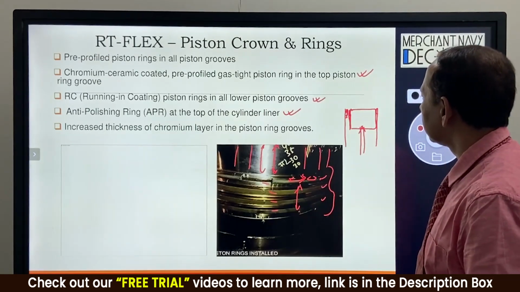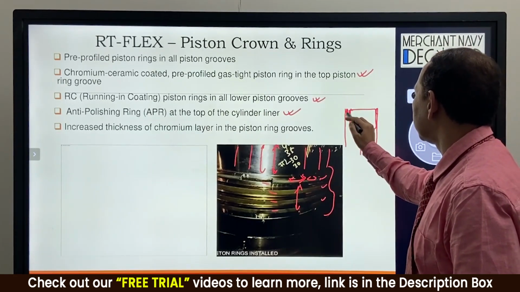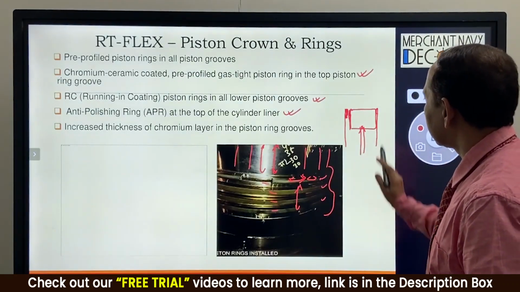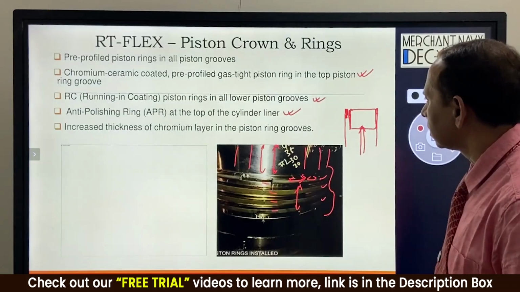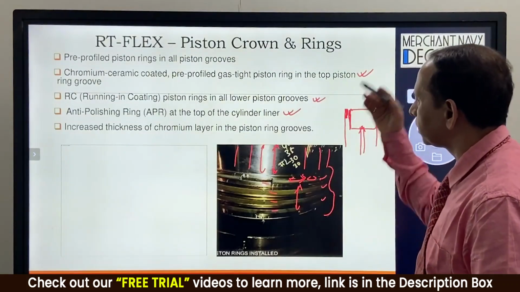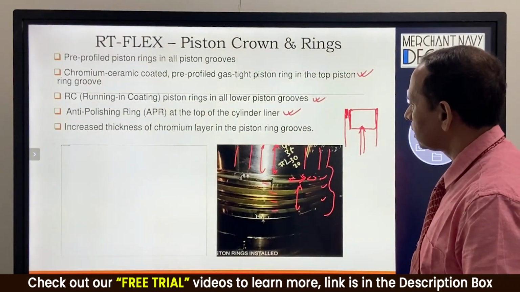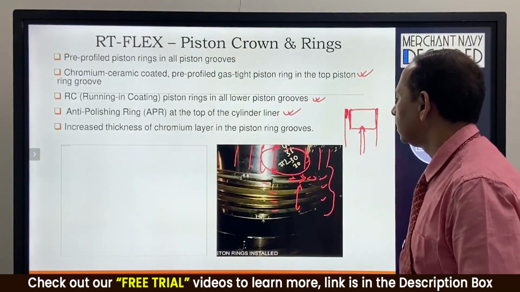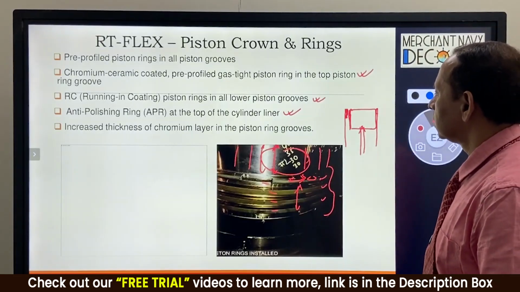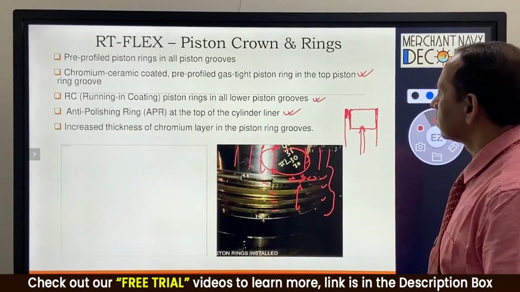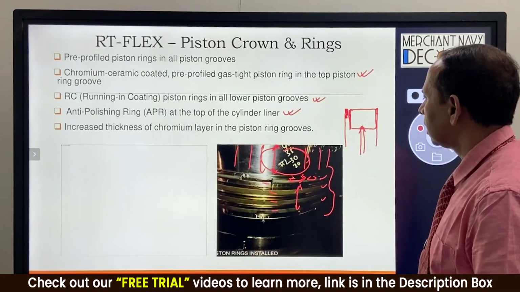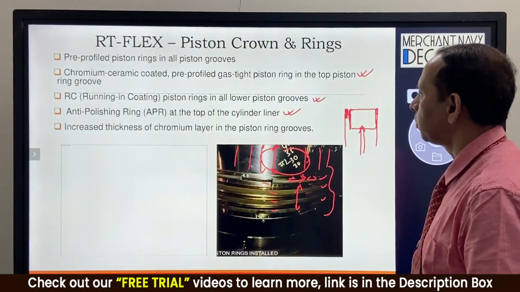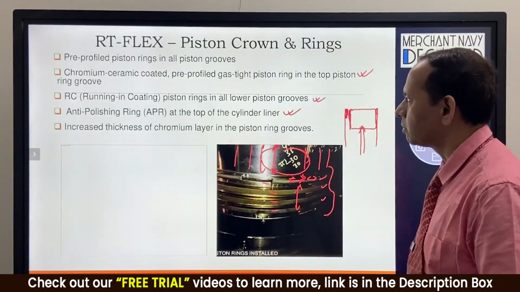So in this way the job of this anti-polishing ring is to do the cleaning part. Every time it comes across the piston crown, it is going to scrape off the carbon accumulation, and in this way we are going to keep this area clean, and this will improve the cylinder liner condition, the cylinder lubrication condition, and ultimately it will enhance the overall life of the engine components, which is the piston as well as the piston ring.